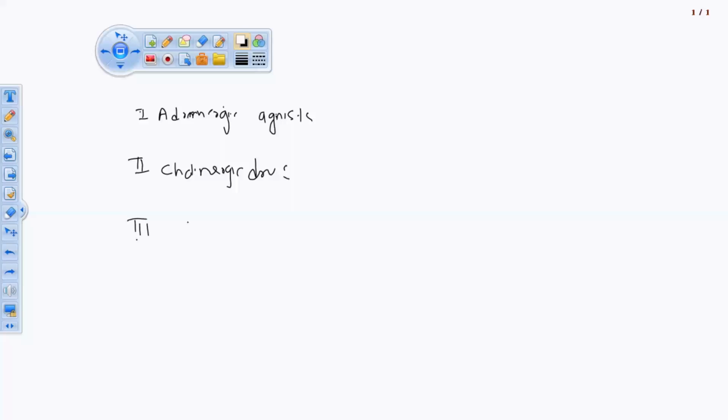And the third part of the classification in your syllabus is mixed type of action, that is both cholinergic and adrenergic antagonist. In the cholinergic system, under that classification, is the parasympathomimetic drug.